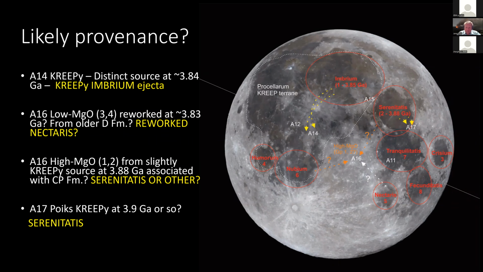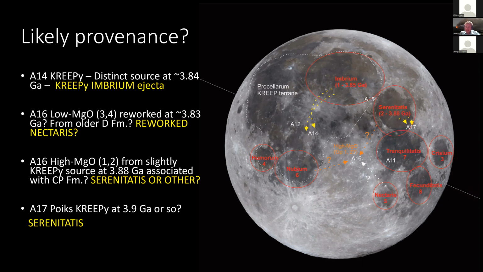It could be from Imbrium if the Imbrium impactor produced a multiple layered deposit. The big difficulty is, of course, that those high MgO rocks appear to have come from a differentiated impact, and that would then suggest that they must come from a distinct source. And then at the Apollo 17 site, I would follow the current literature, but these are probably Serenitatis materials.